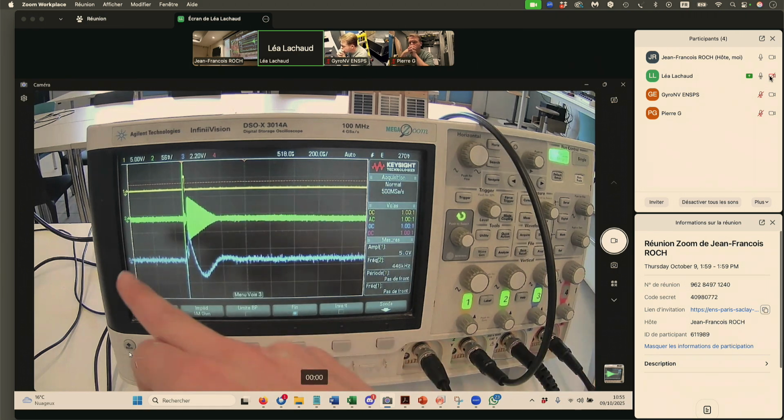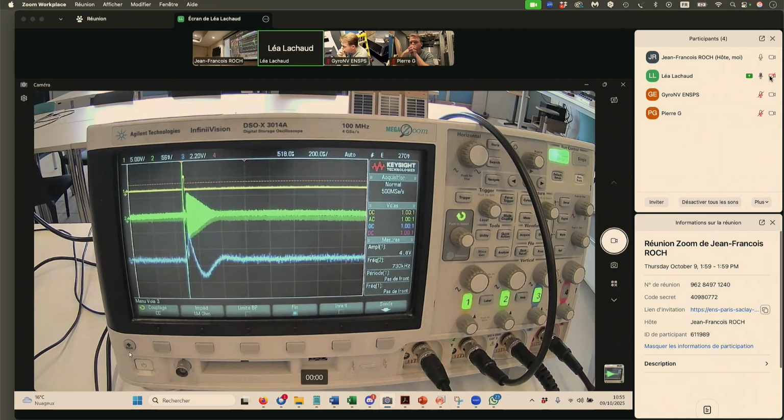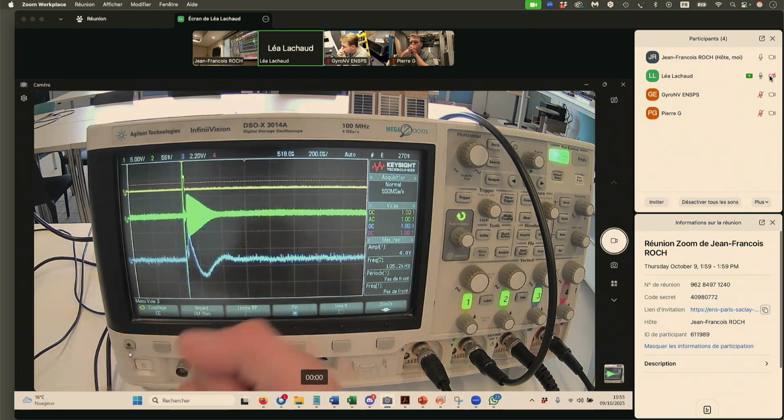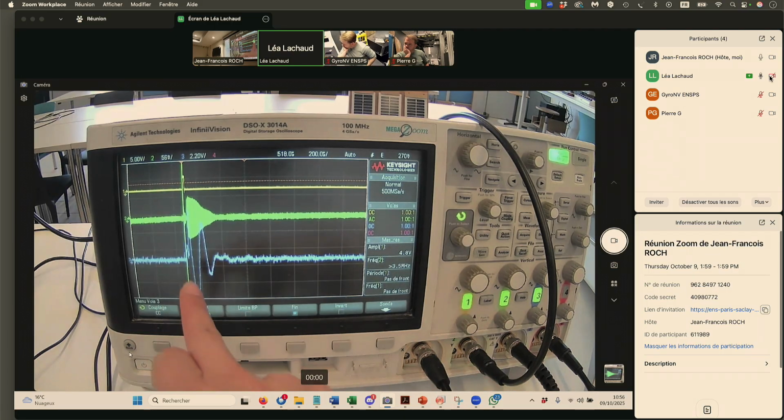A third signal that I can observe and that is interesting is the spin response, which is mixed with the oscillating exciting signal, right? And moving the frequency of the exciting signal makes some beating appear, right?